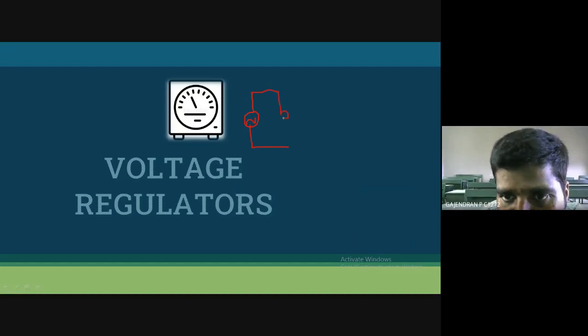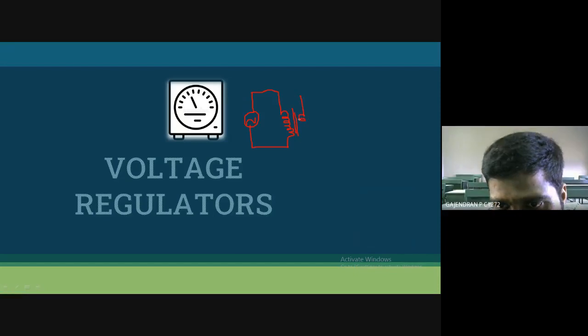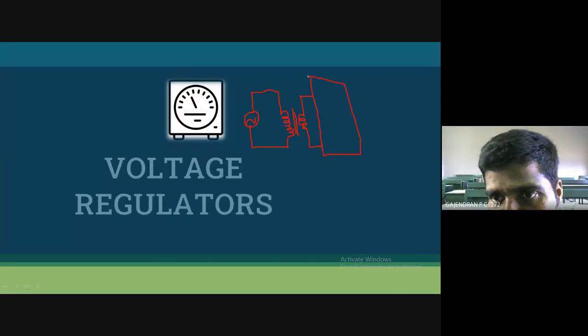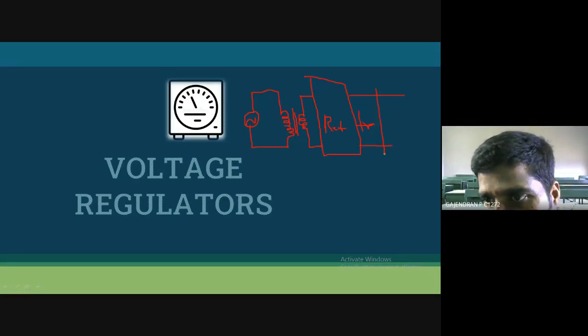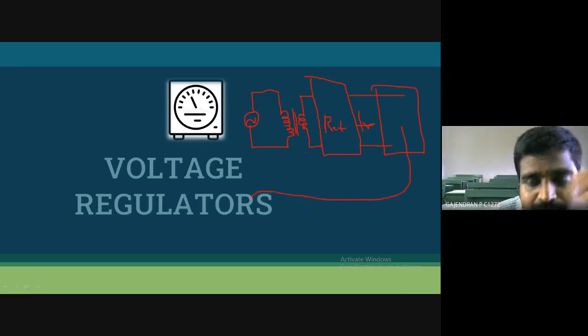It is given to the primary winding of the transformer. Then it is stepped down, usually. Then it is given to the rectifier circuit. From the rectifier circuit, we are getting some pulsating output. Now we are going to connect this block to the voltage regulator.